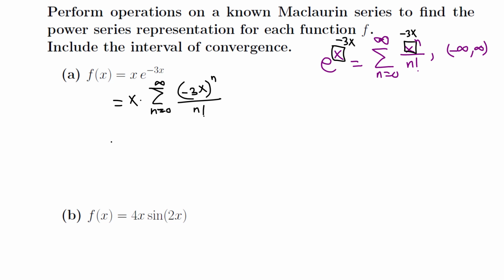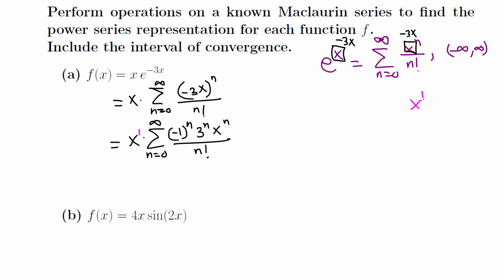Now we need to simplify this. So x times the sum from n equals 0 through infinity of (negative 3)^n times x^n, or we can write (negative 1)^n, then 3^n, and x^n, all over n factorial. Now this x means x raised to 1. We need to take this inside and combine with x^n.